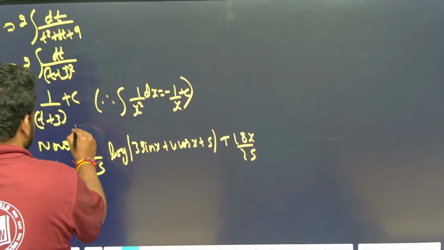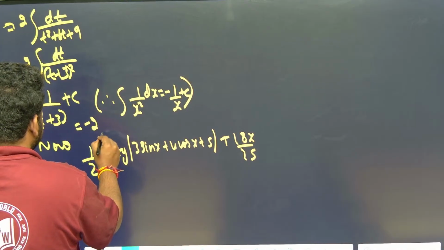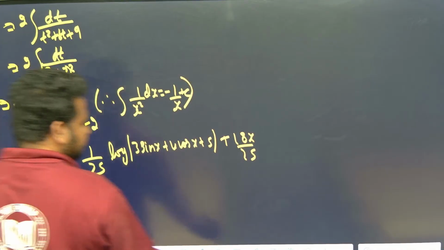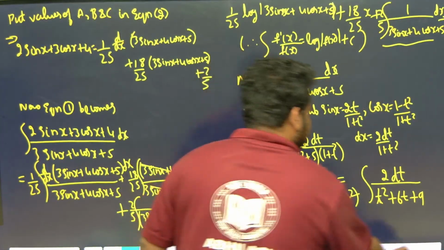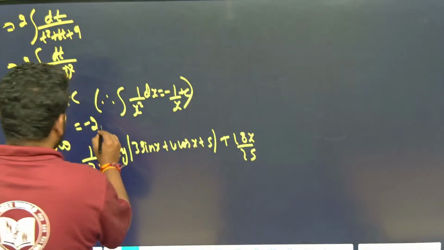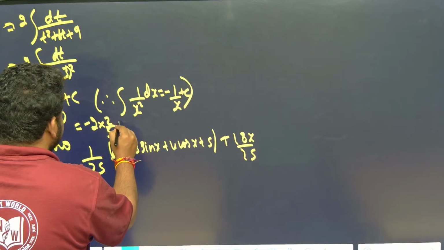So 2 by 5 is there, let us multiply by 2 by 5. This will become minus 2 into 2 by 5 into what is that?